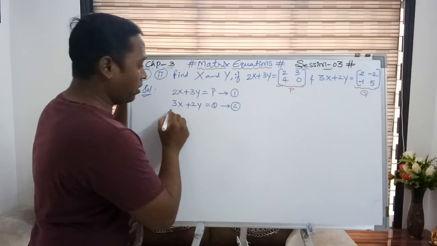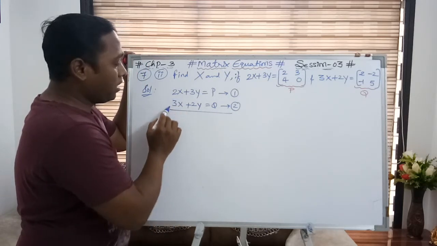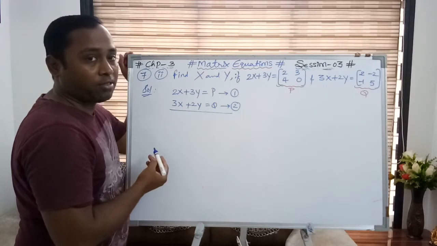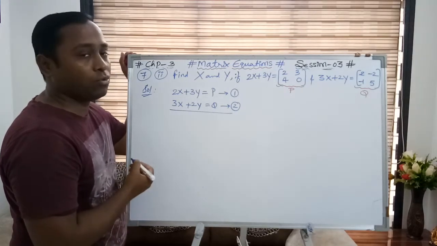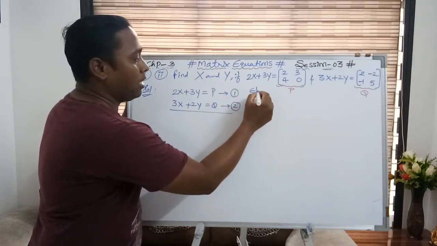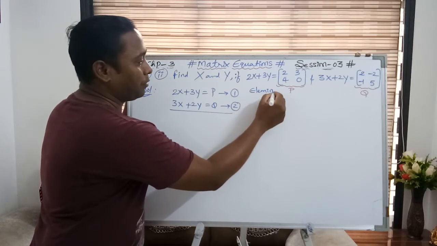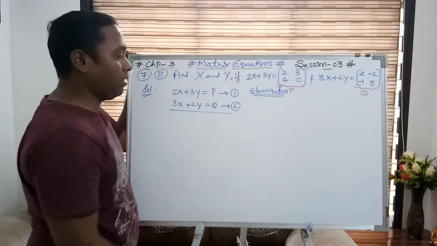Now how to simplify the two equations, you know very well. There is the elimination method, the substitution method, the cross multiplication method. Here I am using the elimination method.